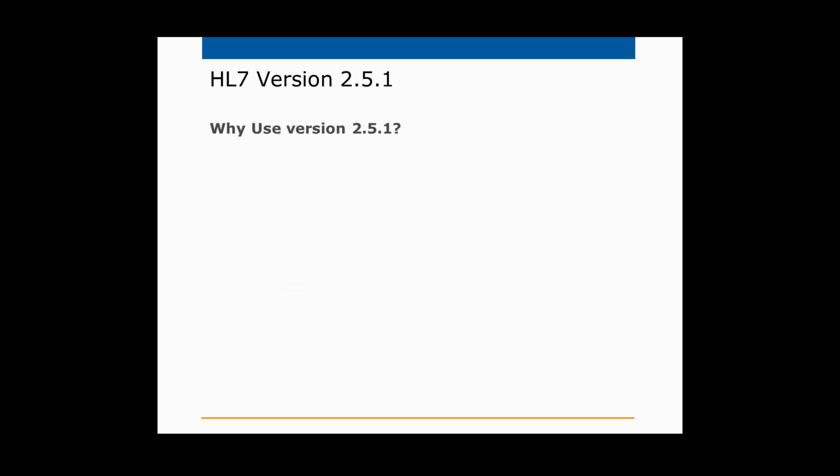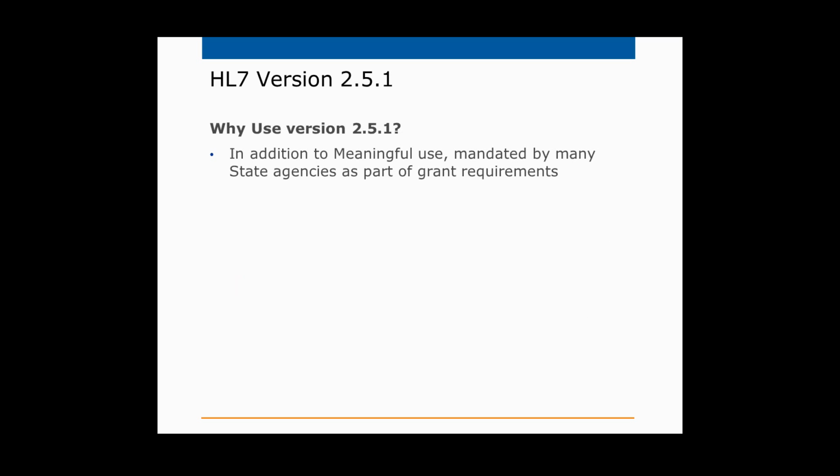As far as vendors are concerned, on the vendor side, we need to be able to use 2.5.1 for a few different reasons. Above and beyond meaningful use, we do see it as part of grant requirements, for example. I know that some states have been requiring 2.5.1 for some lab result grants.